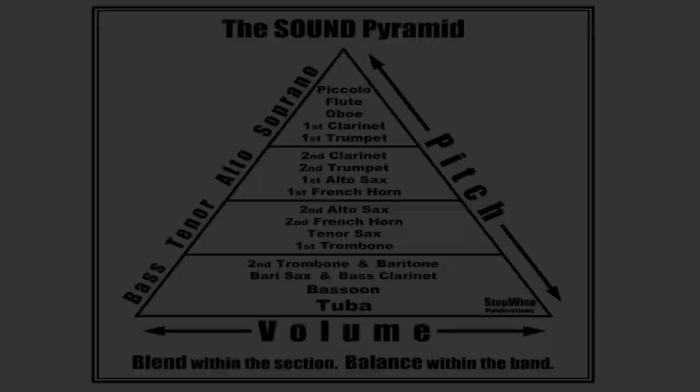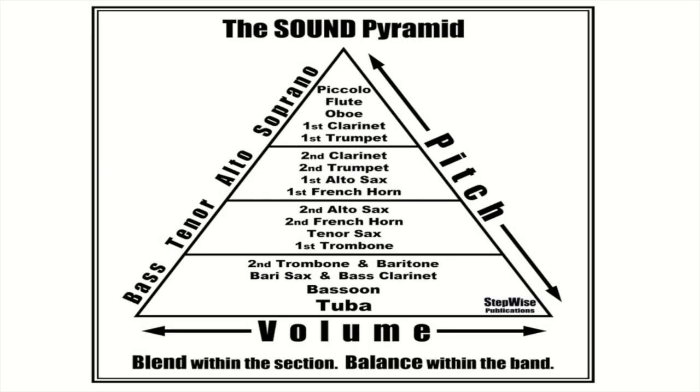So here we go. Now I want to start this presentation by showing you this graphic, which we refer to as the sound pyramid. Items that are at the bottom of the pyramid are items that you want more of, and the items that you have towards the top are ones that you want less of. Now, does that mean, and here's where I'm going to contradict myself, does that mean we have to have 30 tubas and only 1 flute?